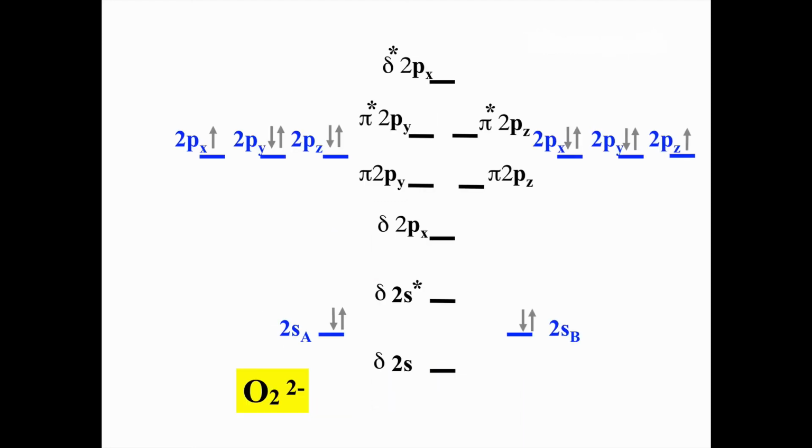If you do the same thing with O2 2-, in this situation, you've gained 2 extra electrons to the electron configurations for the 2 oxygens. So each of these oxygens I've represented as having an extra electron. Usually, instead of having 6 valence electrons to donate, they've got 7.